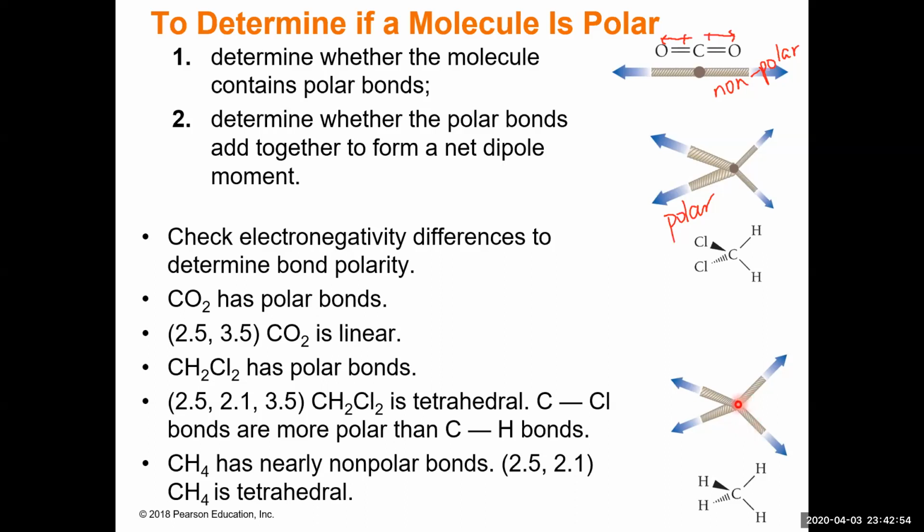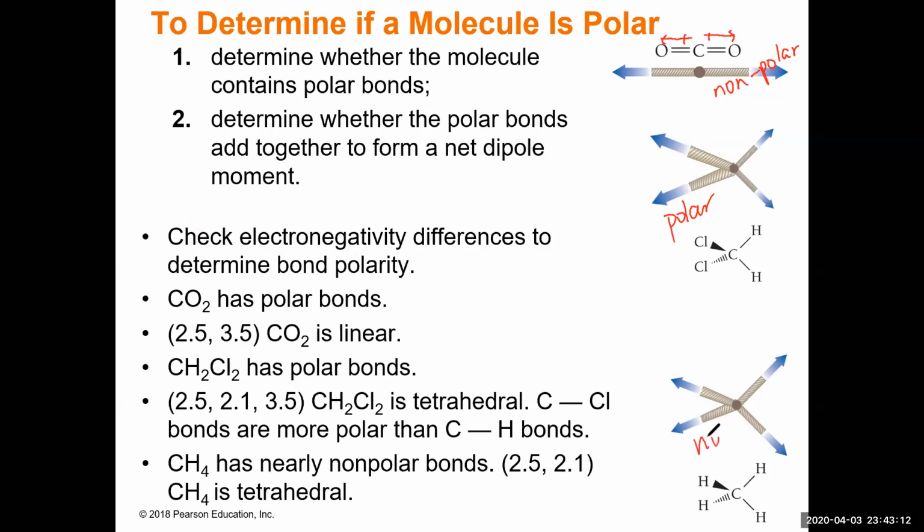In this case, for carbon to hydrogen, the electronegativity difference is so small that we do not consider that a polar bond. But also because these are evenly spaced from each other, they would also cancel out anyway. So overall, this molecule is a nonpolar molecule.